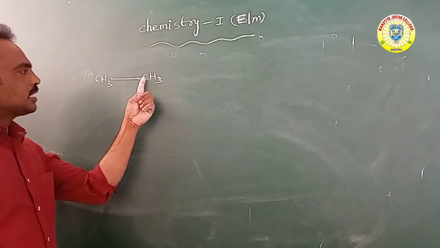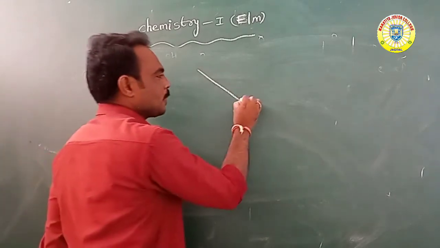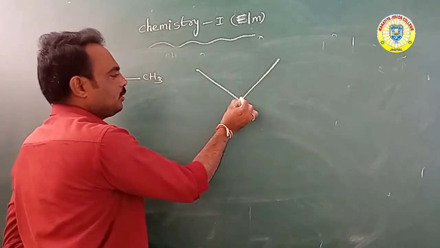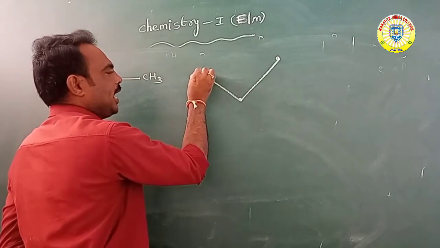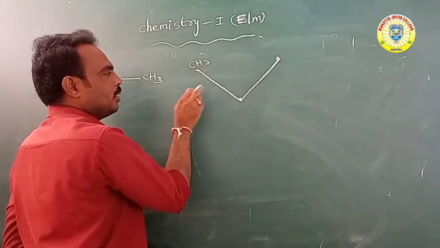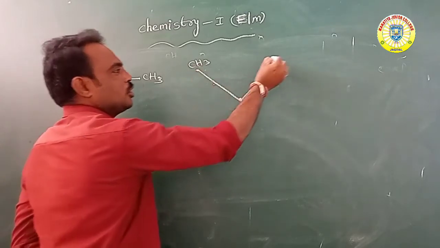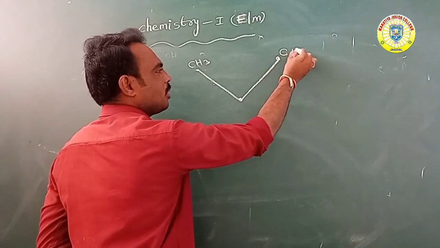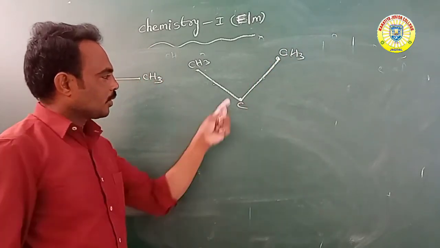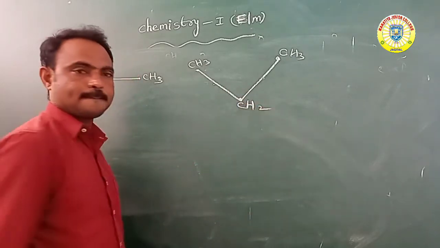The middle carbon is attached with 2 bonds, so we write CH2.